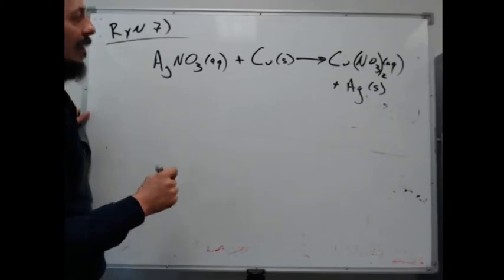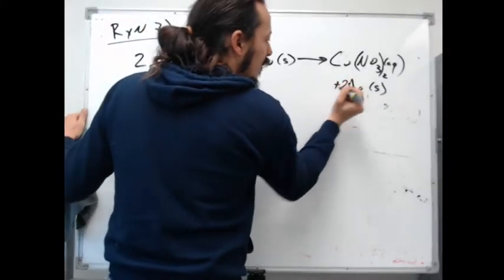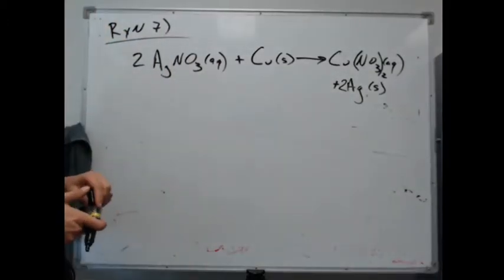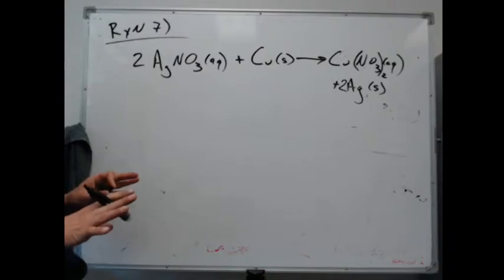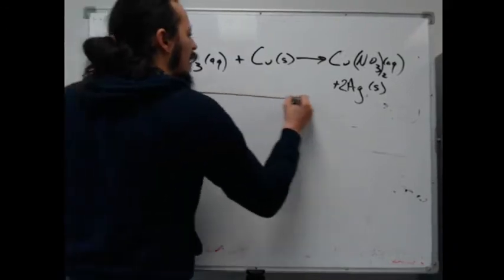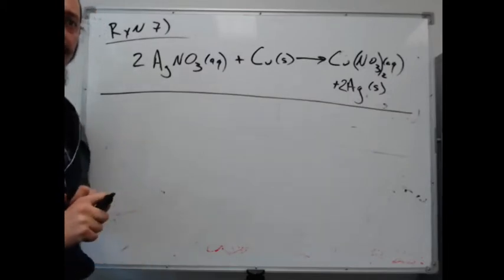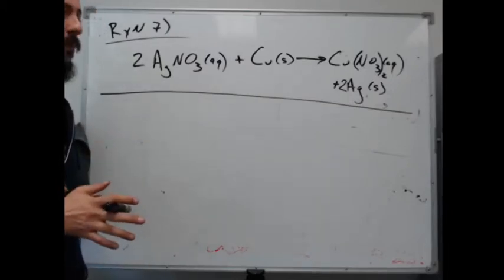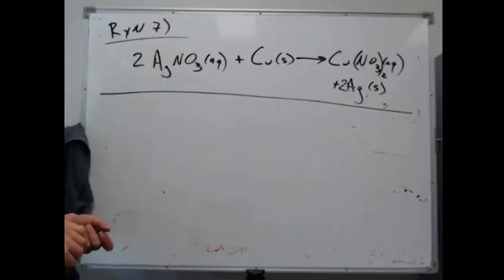So I'm going to look at this. I'm going to need a 2 here to balance that, and a 2 there to balance that. This is our reaction. If I wrote down a net ionic equation for this, I'm just going to jump straight to that. I'm going to skip the total ionic. Hopefully you've been practicing your total ionics. I'm just going to jump right to net ionic, because I look at this and I'm like, oh, nitrate's a spectator.